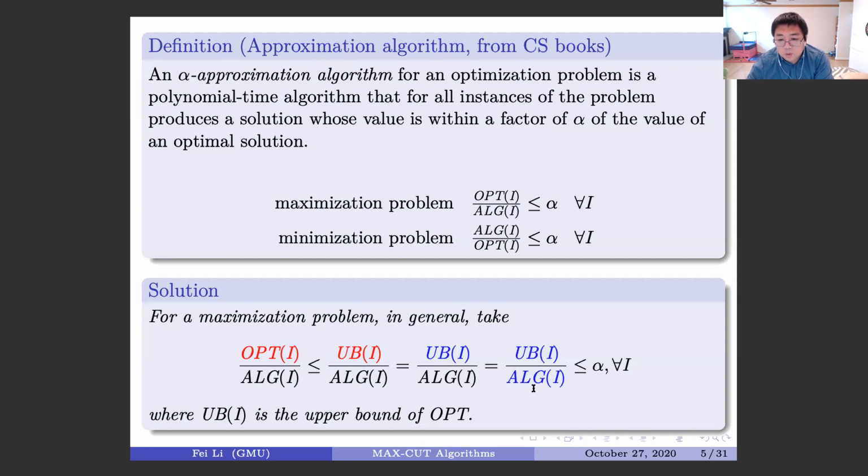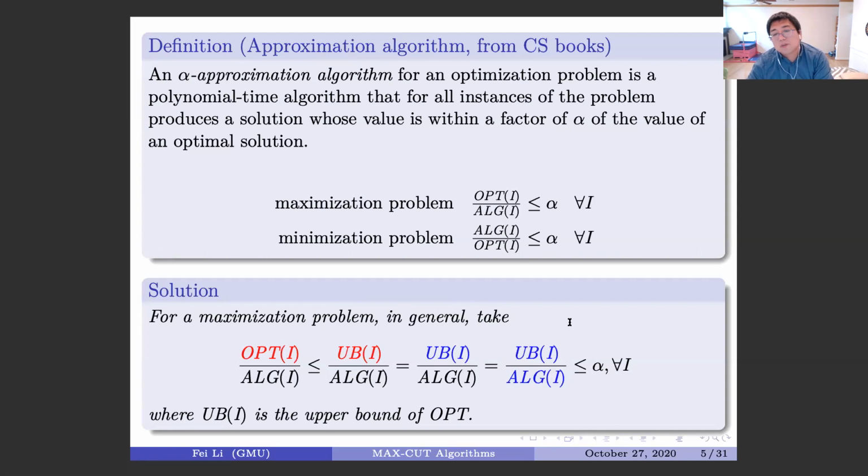If we could find an upper bound such that the ratio is bounded by alpha, then we get our approximation ratio.